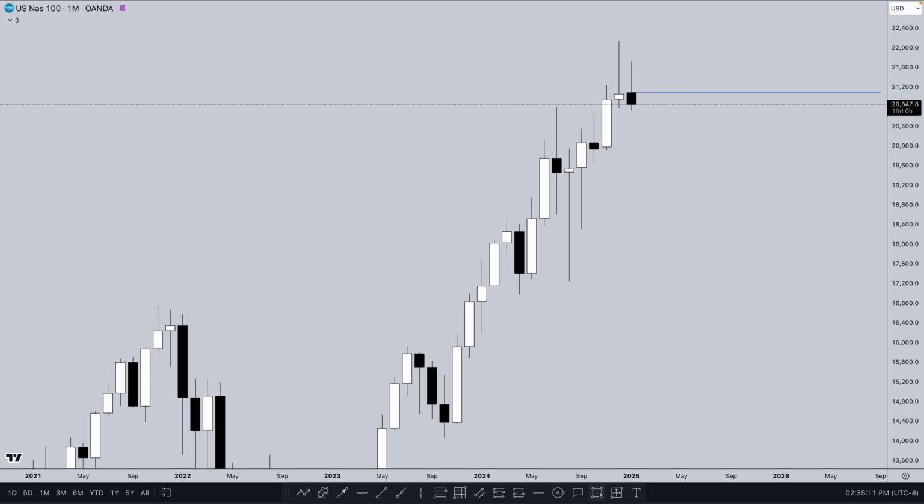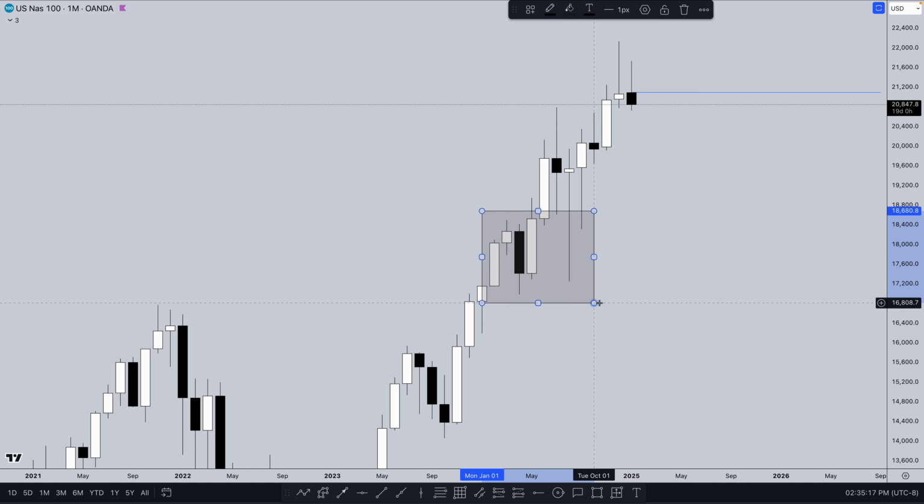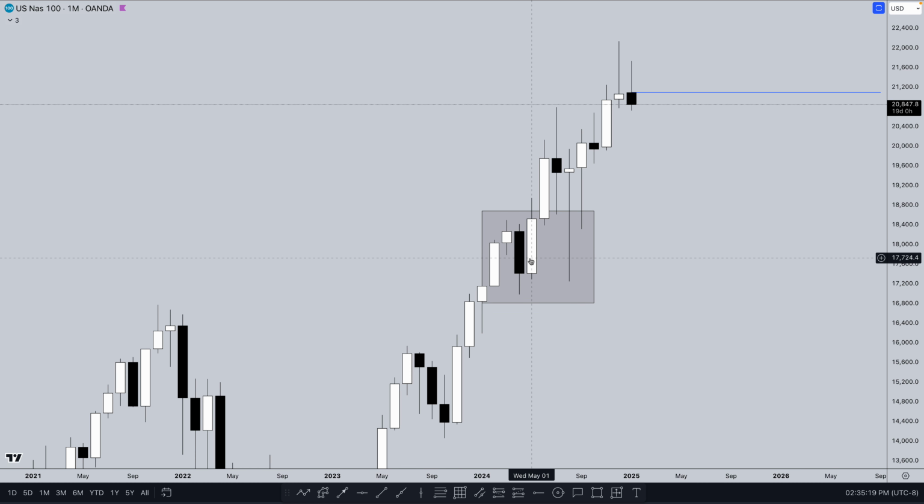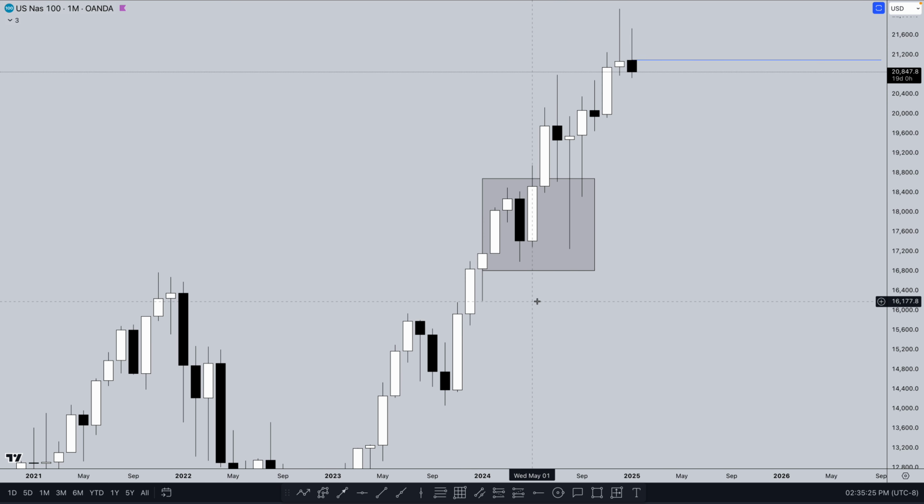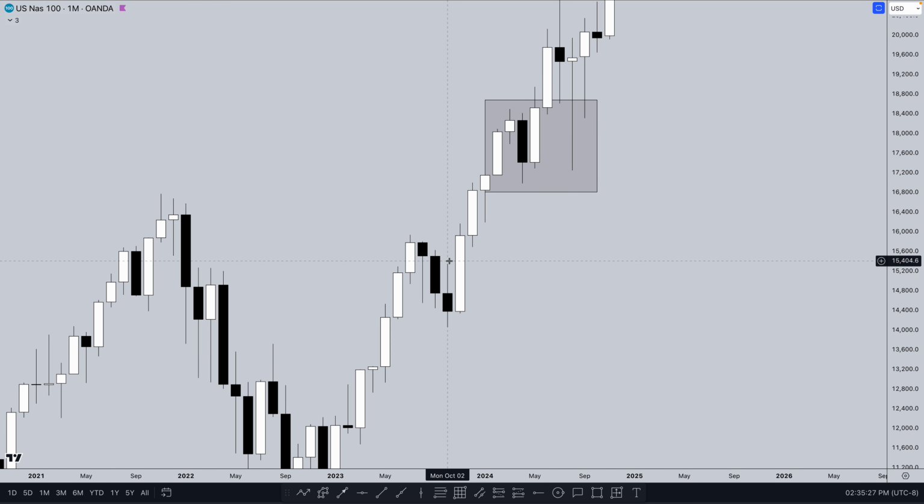The order block is the last down candle before it takes off again? Yeah, the last down candle before it breaks structure above the high of that last down candle. Same thing here, this last down candle before we break these highs.